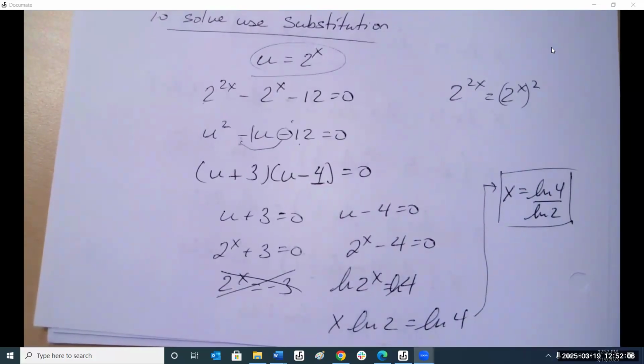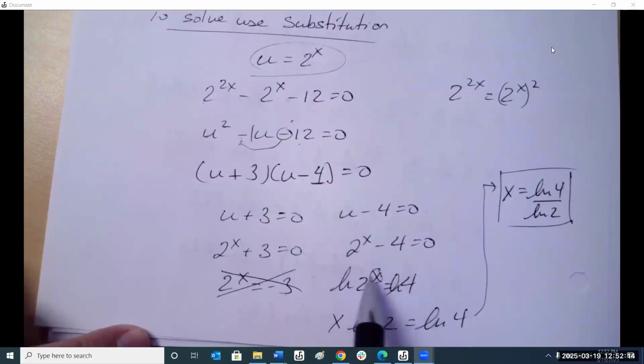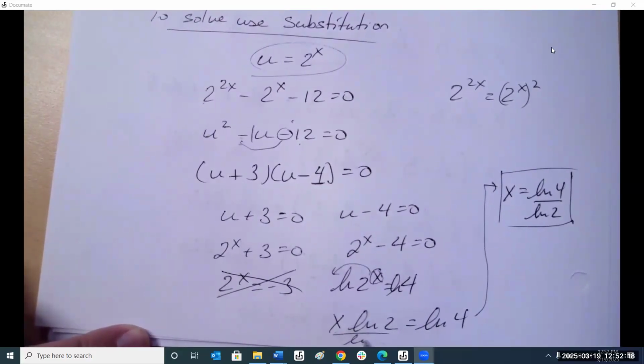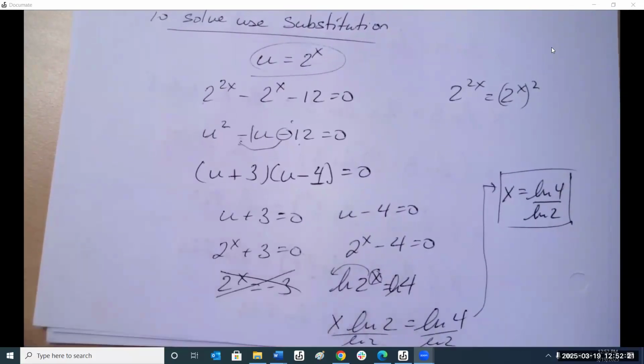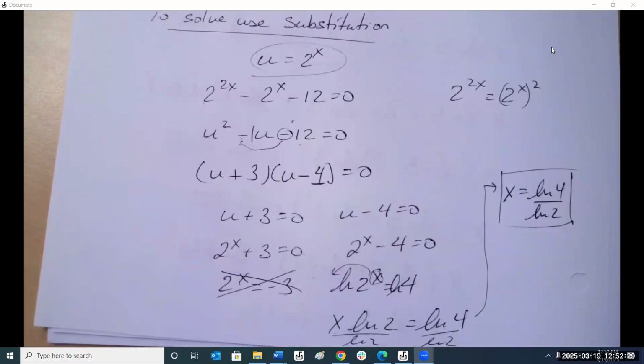How do you go from that to that? X ln 2 equals ln 4, how do you go from that? Because, well, the x goes out in front. Now just divide both sides by ln 2. Okay. That's that.